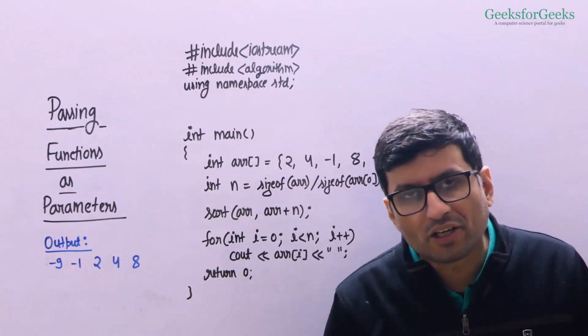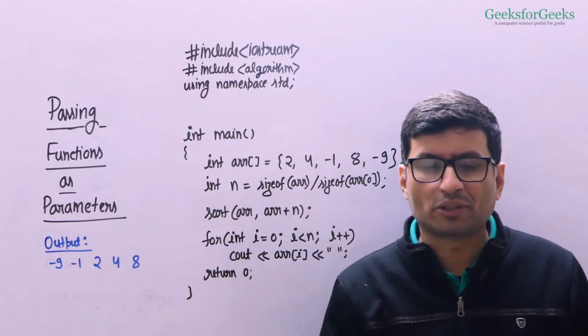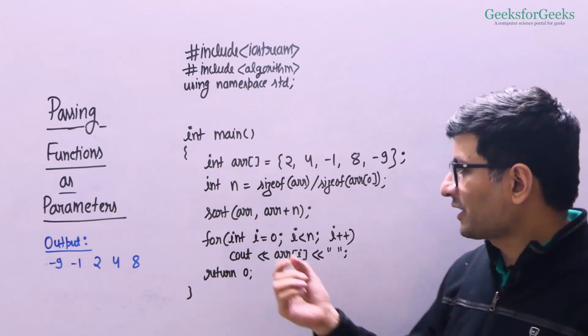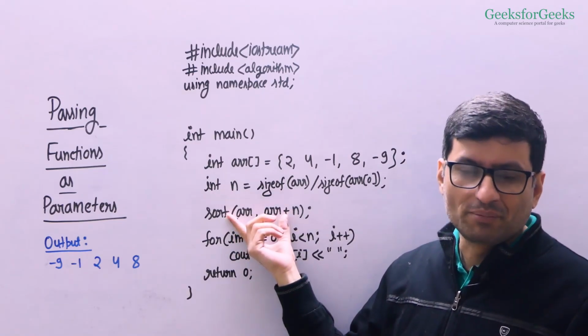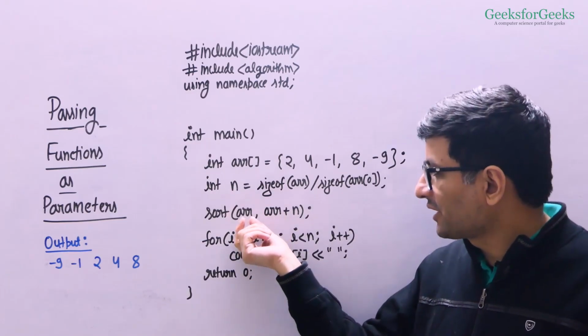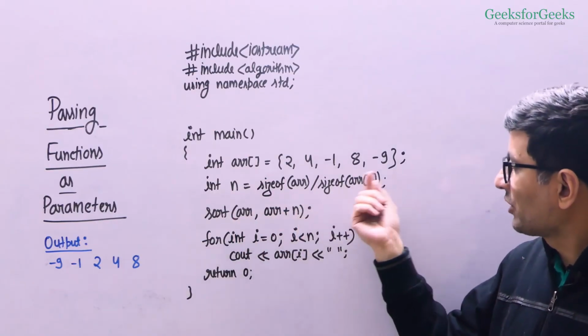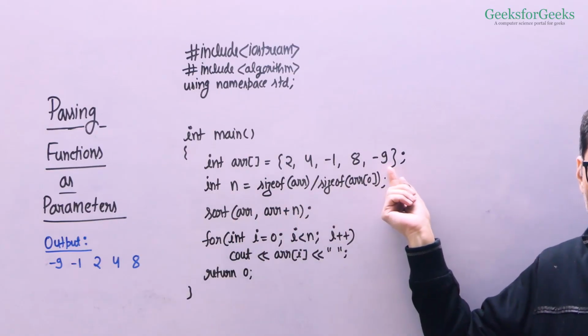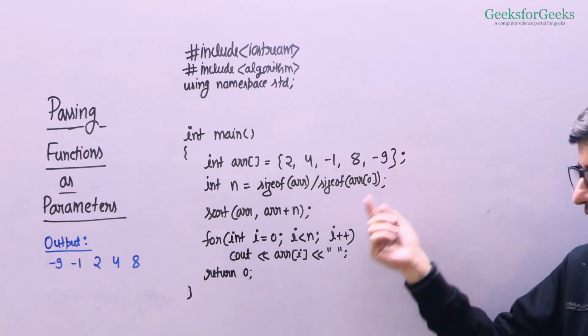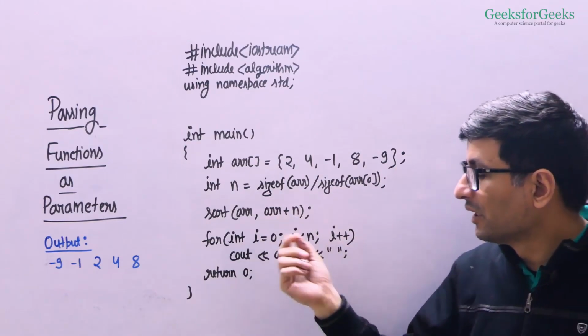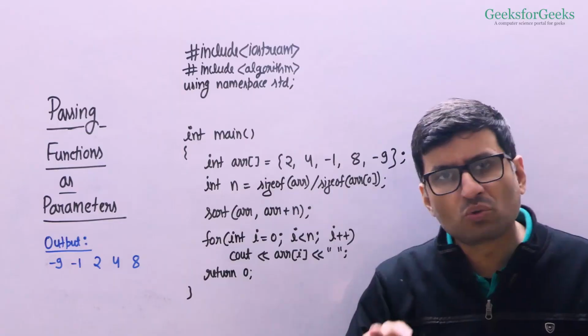Let's now see a real world application of function pointers. There is a standard sort function in C++ STL that takes the address of the first element of an array and the address of the element beyond the last element, after 9, right? That's why we pass ARR plus n. So basically the sort function takes two iterators.